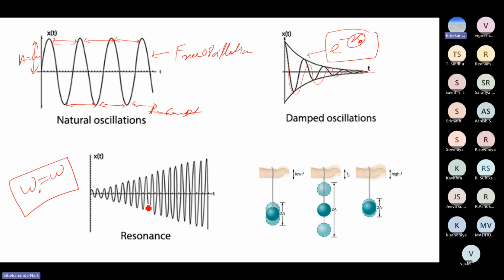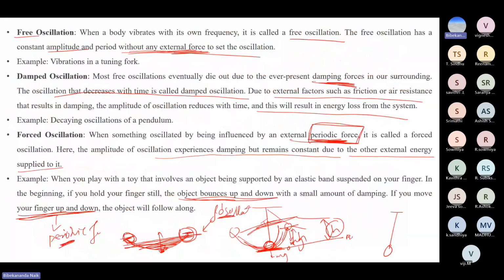So this is the resonance condition if the two frequencies are equal. This is the example, the same oscillation we had discussed here. This is the example when you play with a toy that involves an object suspended on your finger.